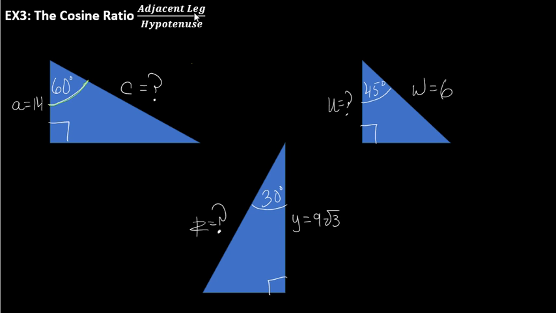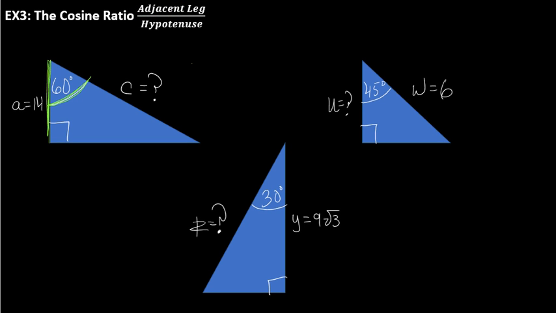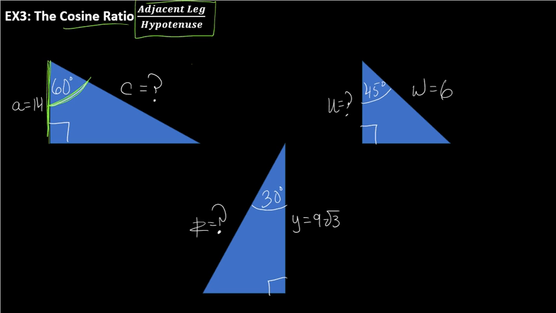Okay, so we're given an angle, but we're not given the opposite leg this time. This time we're given the close leg, or the adjacent leg. Okay, the cosine ratio is equal to the adjacent leg, and adjacent is a fancy way of saying near or next to.